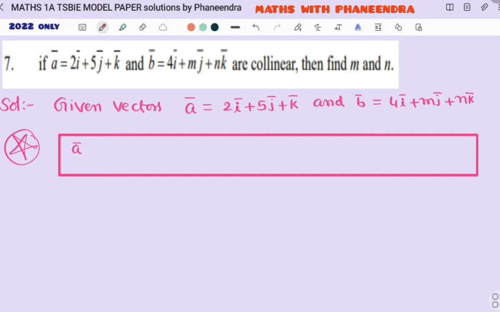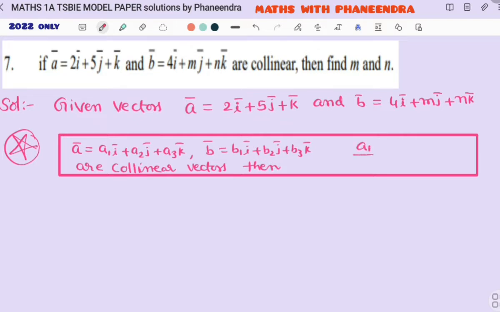See here, if a bar equal to a1i plus a2j plus a3k, and b bar equal to b1i plus b2j plus b3k are collinear vectors, then we have a1 by b1 is equal to a2 by b2 is equal to a3 by b3.